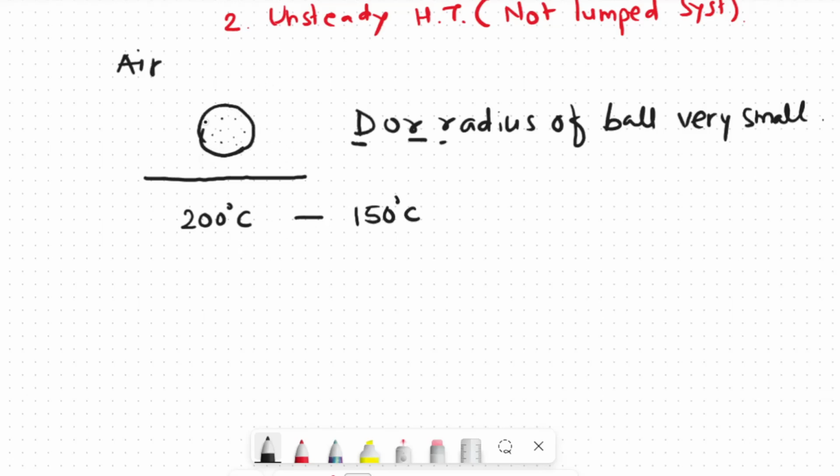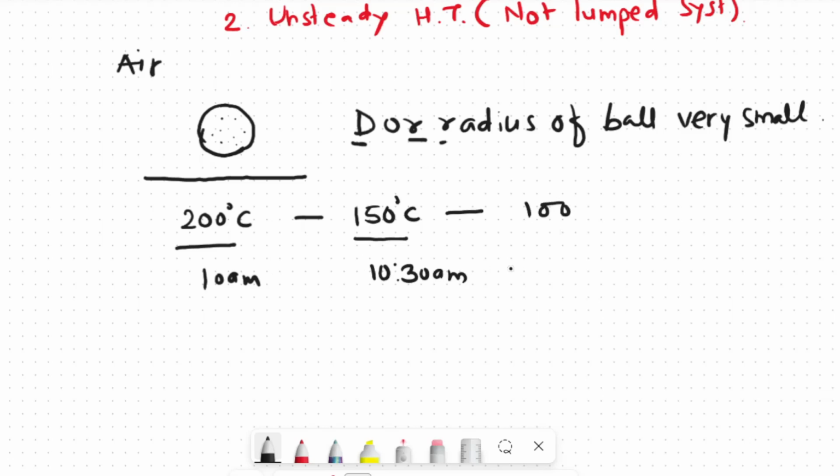But at all the points inside the ball, the temperature is uniform, that is 150 degrees Celsius. The temperature is decreasing with respect to time. The temperature is changing with respect to time, but it is constant with respect to distance or radius inside the ball. After some time, suppose the time is 10 a.m. After 30 minutes, we measure the temperature as 150 degrees Celsius.